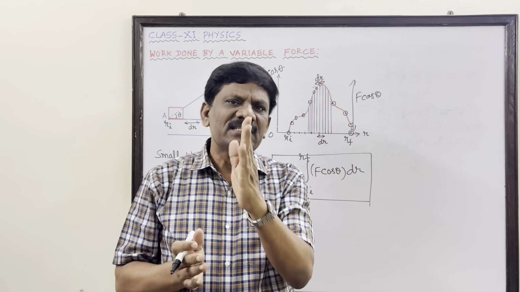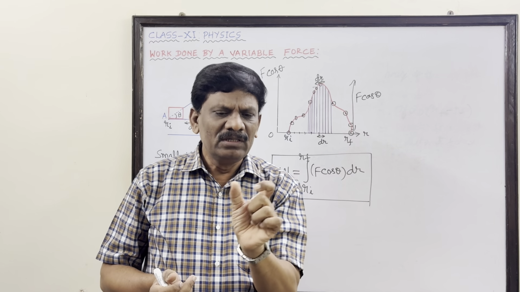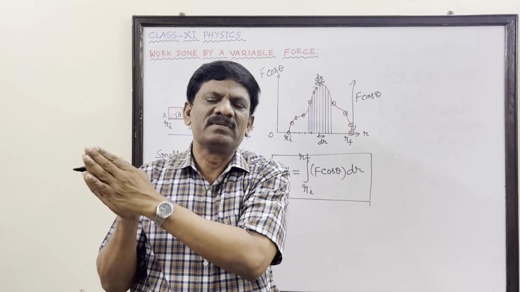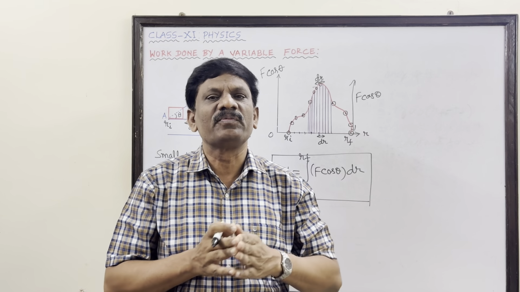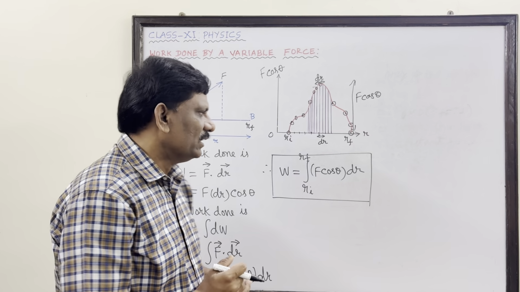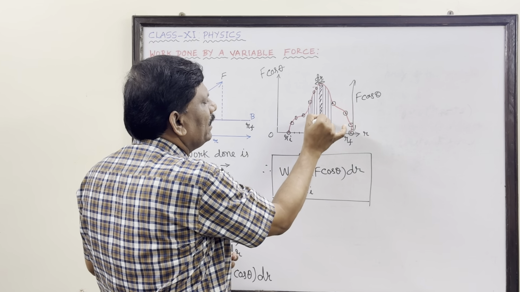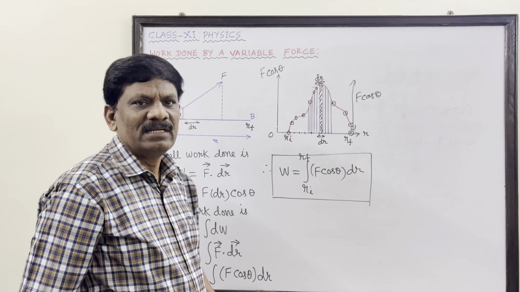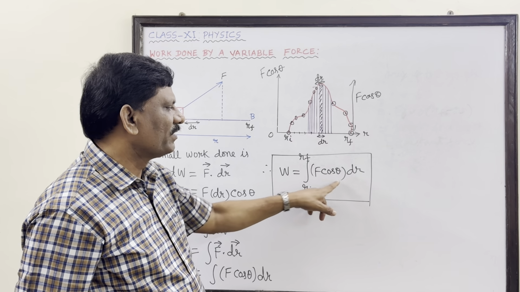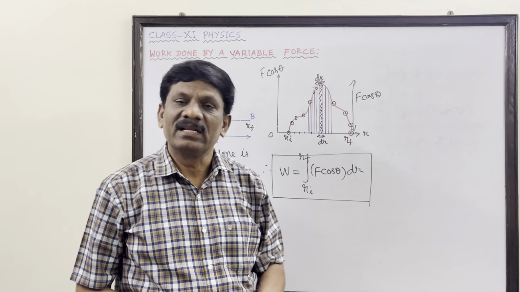Like that, each strip will have some area, that is length into breadth. So if I add the areas of all the strips, we will get the total area of this closed curve. That is called the integration method. So you add the areas like this for all the rectangular strips, that will be equal to the total area, which is given by this integral of F cos theta dr between the limits r initial to r final.